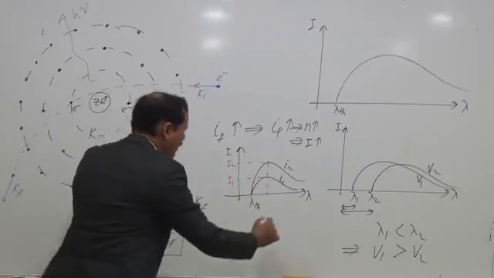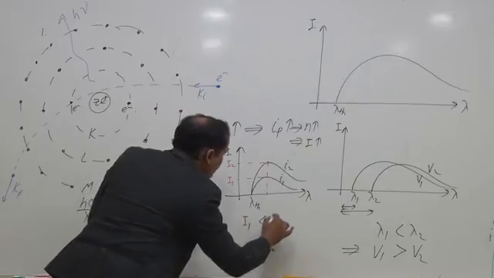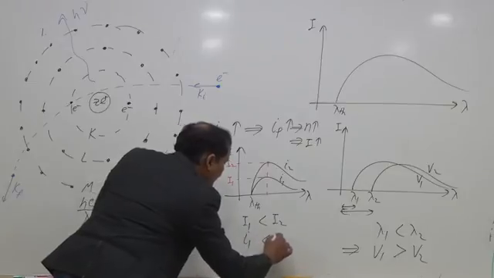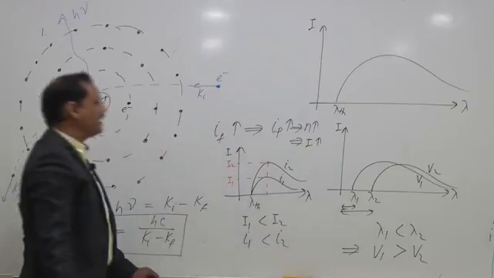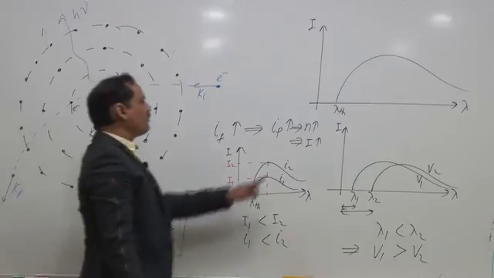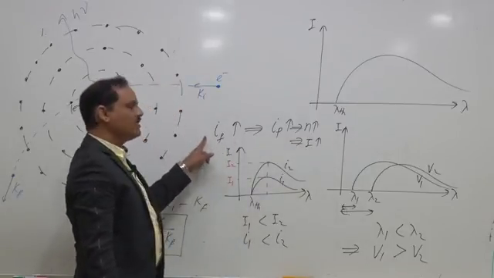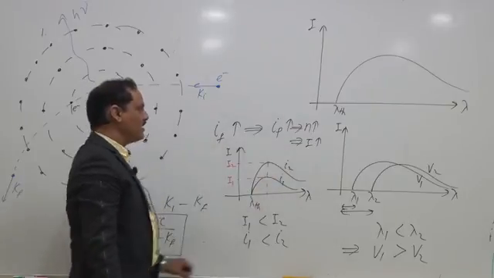So from here we can write I1 is less than I2, filament current I1 is less than filament current I2. Higher the intensity, higher is the filament current, or higher the filament current, higher is the intensity.